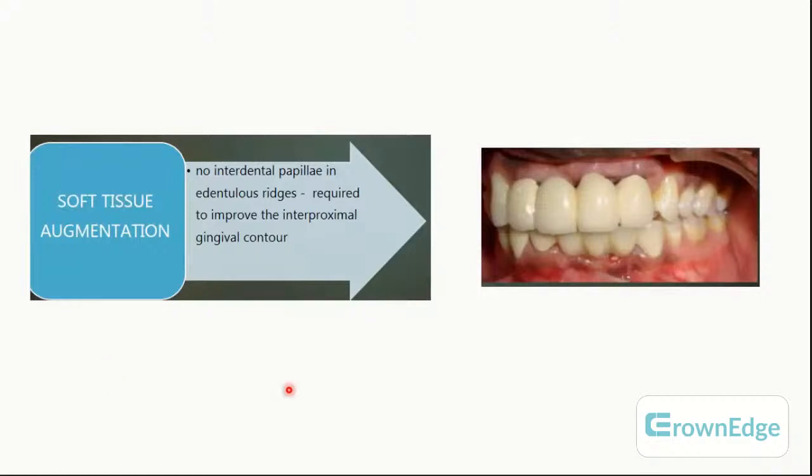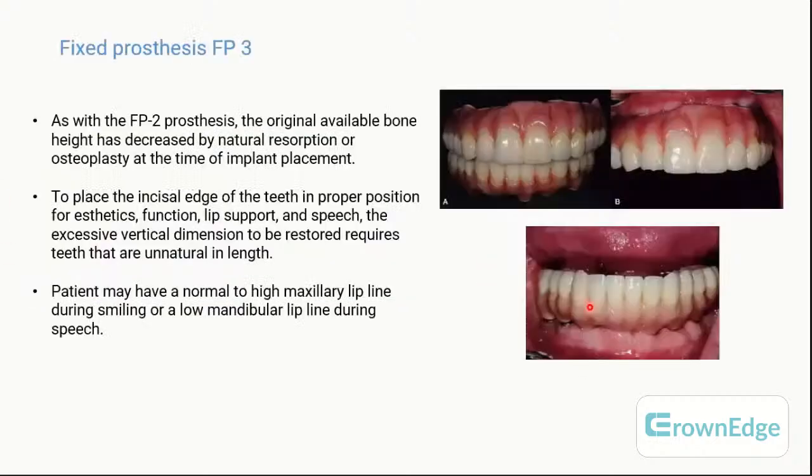If you do not do it, we get something called black triangles. When the patient smiles, you can see these black triangle surfaces between the two teeth, which looks very bad. So you have to think about maybe even soft tissue procedures to cover it up at a later stage.